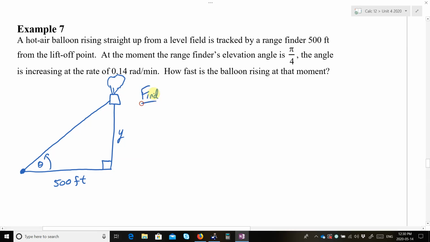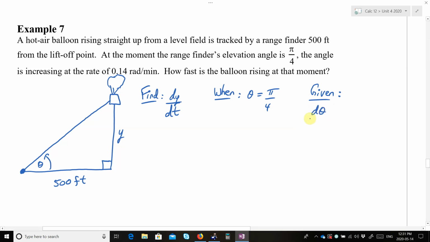So find how fast is the balloon rising at that moment, the change in y with respect to time, when theta is equal to pi over 4, given the angle is increasing at the rate of 0.14 radians per minute.